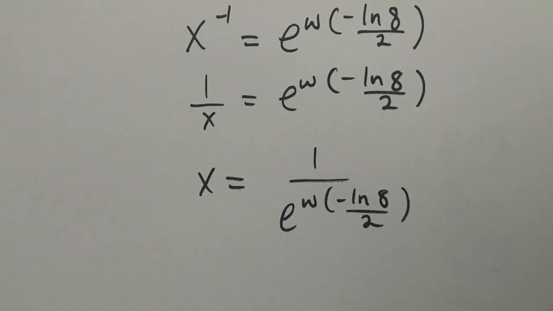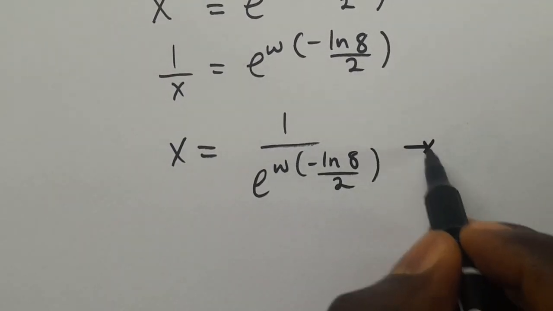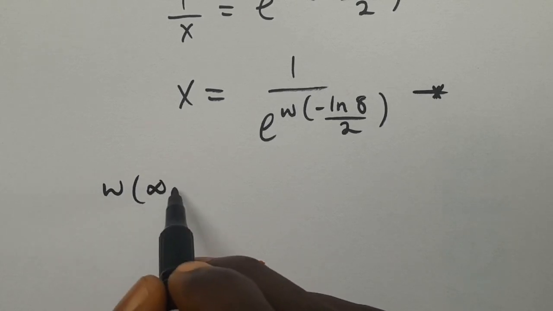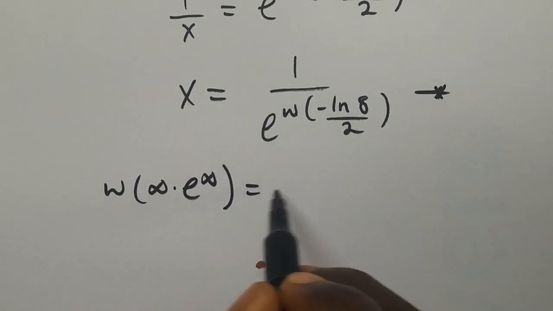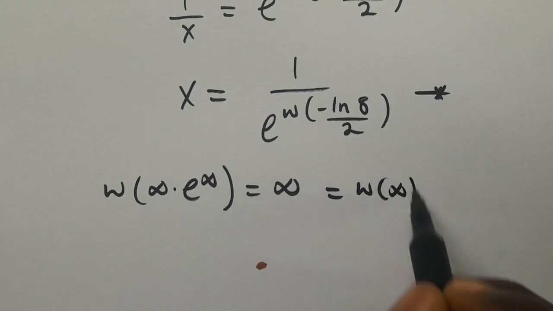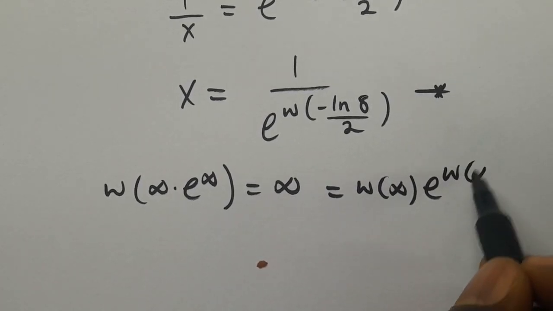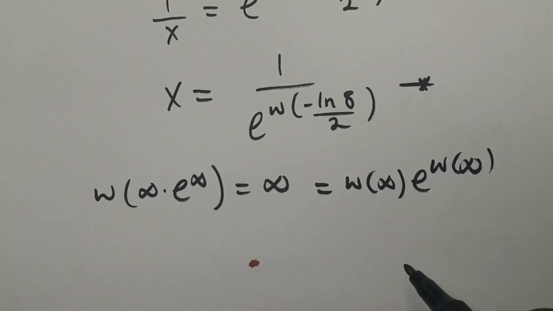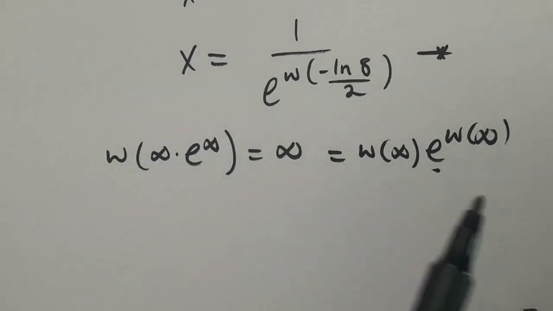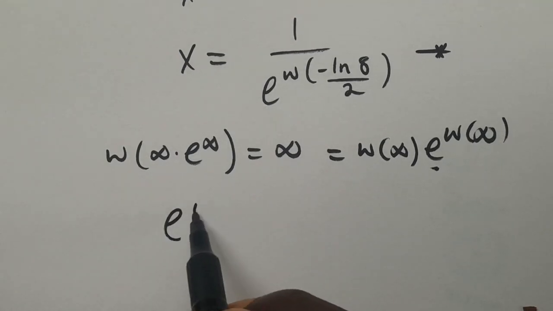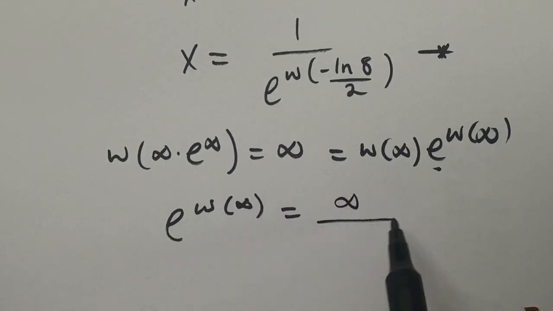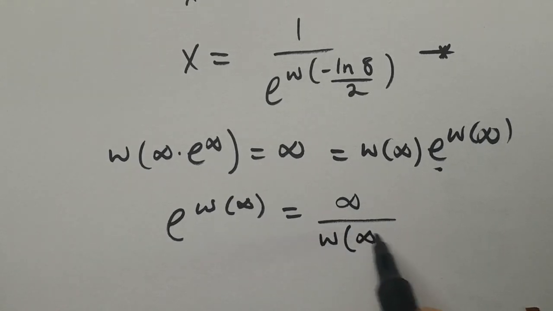Now, from here, we have to recall that the Lambert W function of fish multiplied by e to the power of fish will give us fish. And this also equals W function of fish multiplied by e to the power of W of fish. So from here, we can make this the subject. Then we are going to have e to the power of W function of fish equals fish divided by W Lambert function of fish.